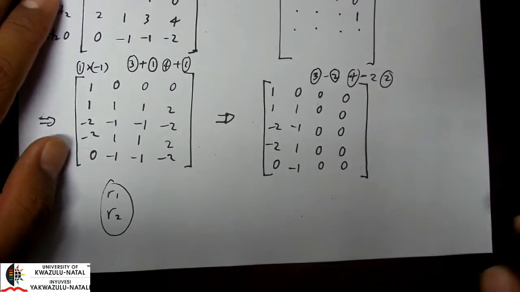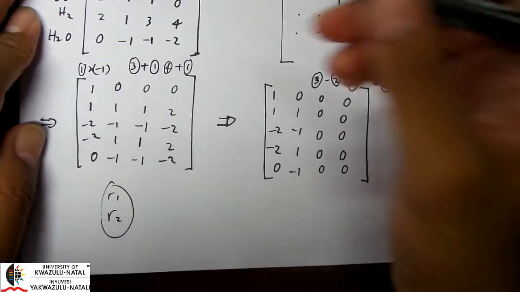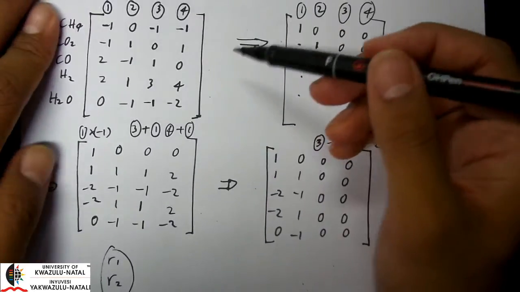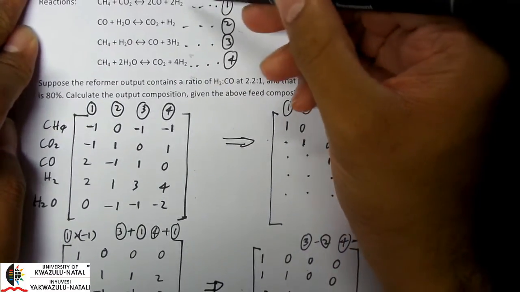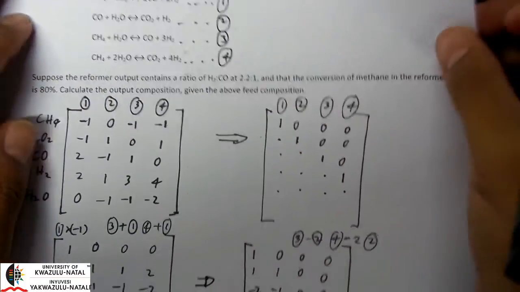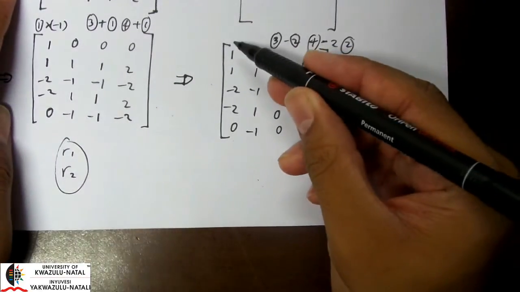What Gaussian reduction does is it gives us a reaction set that is representative of our actual reaction set. Okay, so once we have done our Gaussian reduction, we need to rewrite our reactions.